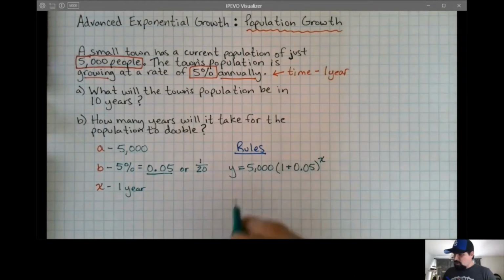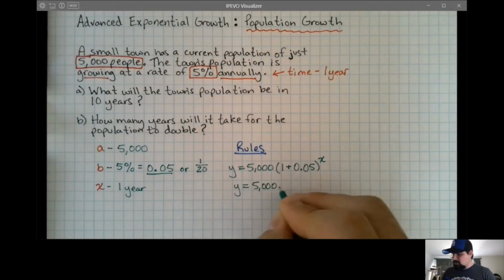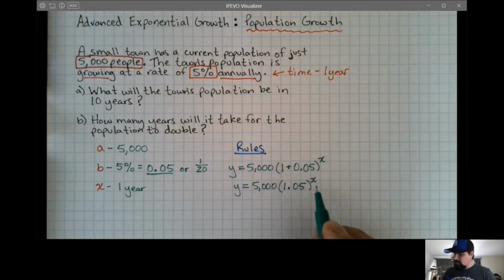All right? We can rewrite this as y equals 5,000 times 1.05. We just do the addition with an exponent of x.